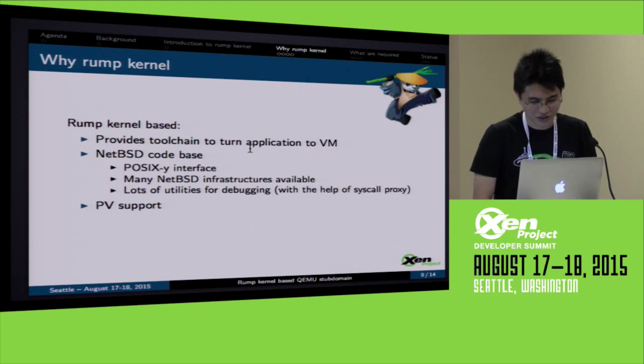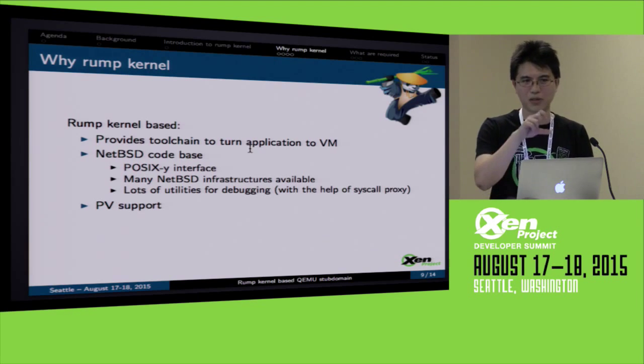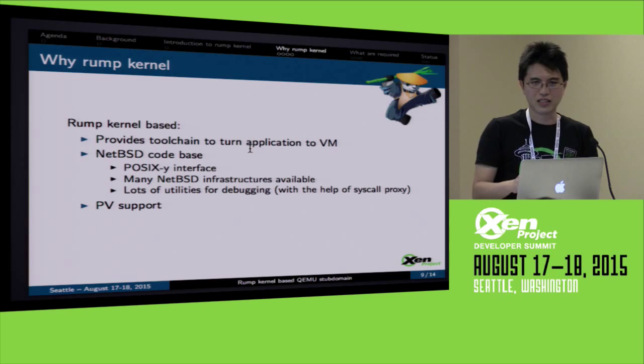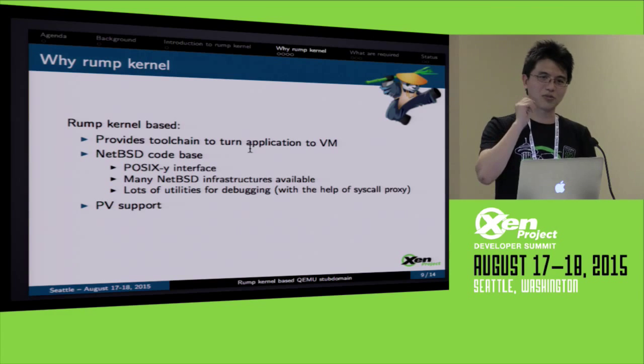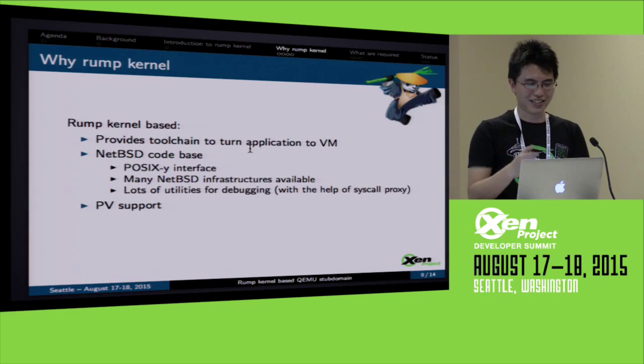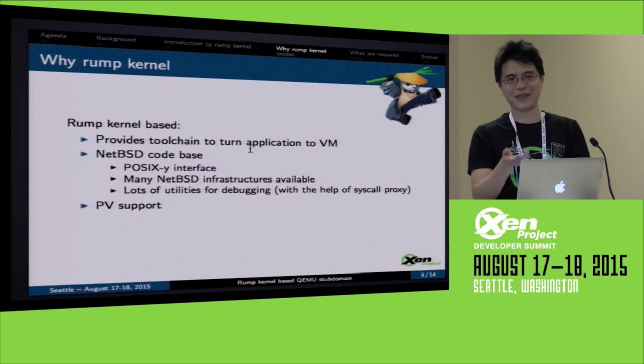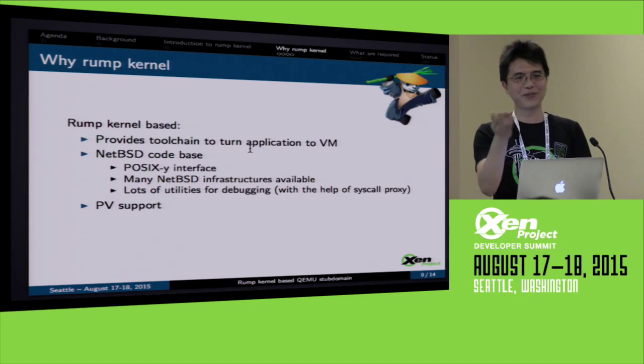And finally, there was this Rump kernel-based solution. It's a bit like OSv, because it provides a toolchain to turn your application into VMs, and the toolchain is getting better and better as we speak. Martin, who sits there, has done a lot of work to make it look like a normal Unix toolchain, so basically every time I found a problem, a few weeks later, oh, that problem is solved.